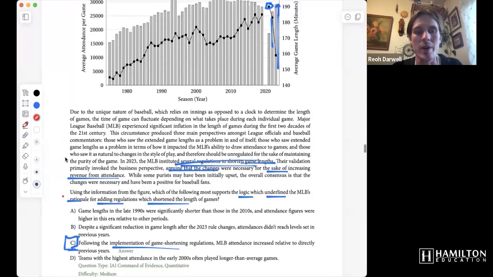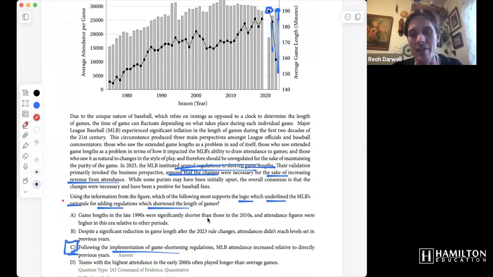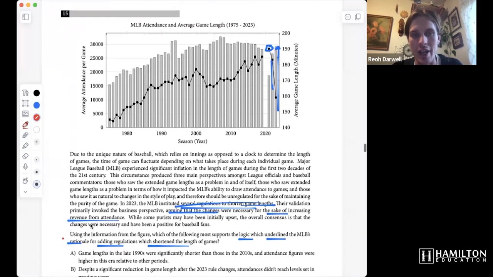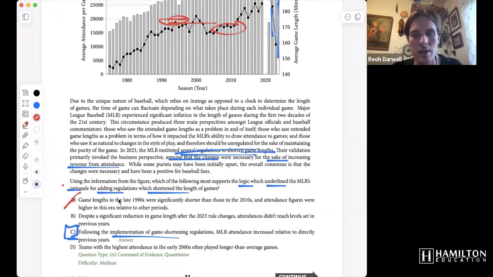All these other ones are distractors, right? Game lengths in the 1990s were significantly shorter than those in the 2010s, and attendance figures were higher relative to other periods. Okay, 2010s and 1990s aren't really all that different in terms of game length. And are they really all that different in terms of attendance? Not really. Okay, so not right.